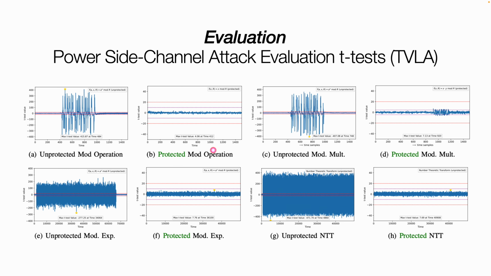To evaluate power side channel attacks, we use the TVLA approach, the test vector leakage assessment evaluation method. But to detect points of interest, we employ the sum of squared pairwise T-differences, SOST, method, setting the threshold at 20% of the maximum.